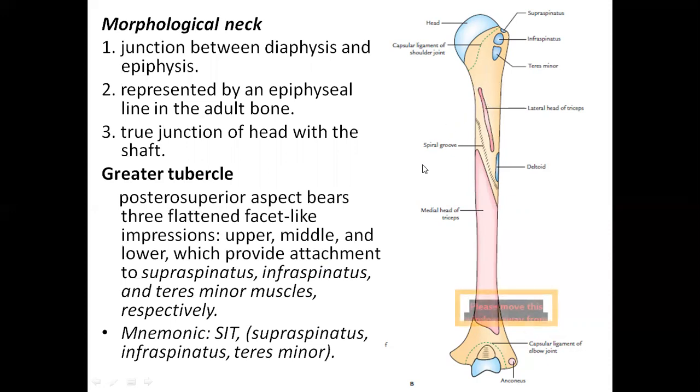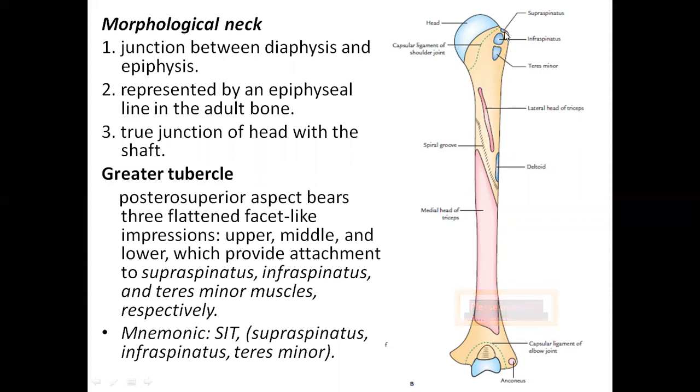Then the greater tubercle. I told you the bigger projection is the greater tubercle. The greater tubercle is this one, laterally present. It is posterosuperior in aspect. It bears three flattened facets. You just remember, three muscles are coming and taking their insertions, which are shown in blue color.